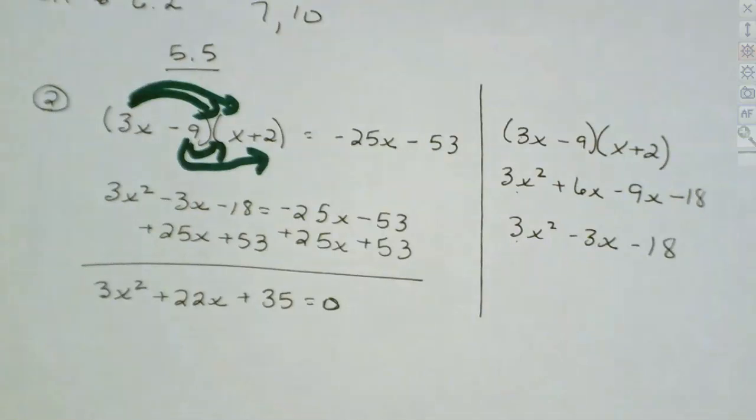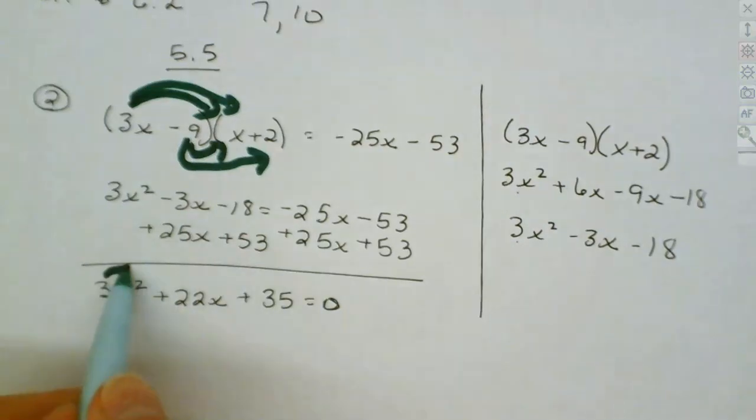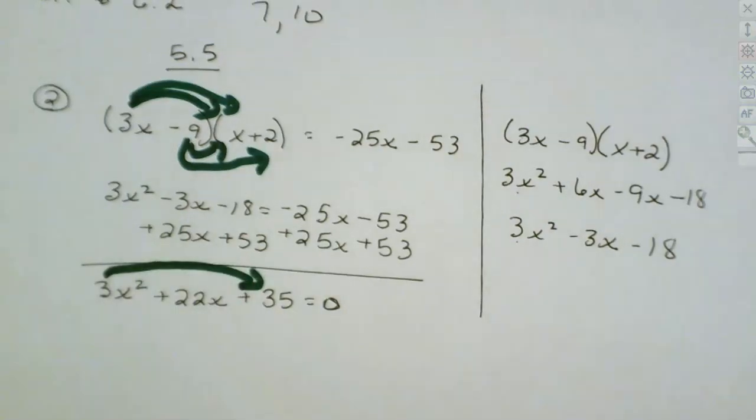So what we're now going to do is we have this set to 0. So we're going to try to factor it. Nothing comes out, right? Because we have a 3 and a 22, and those have nothing in common. So we are going to now go ahead and try to factor this. So what do we have? We have a trinomial. How do we handle the trinomial?